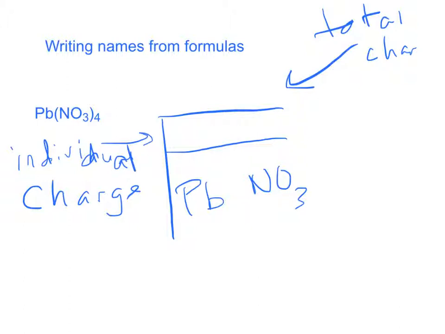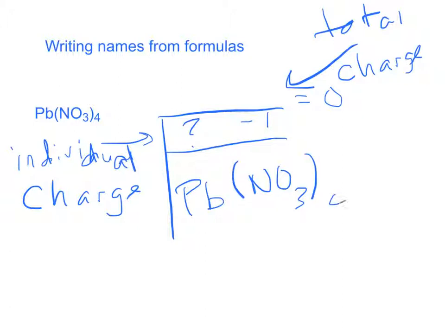Total charge. And remember, the total charge has to equal 0. So we're not quite sure about the charge on the lead ion. But again, like I said, the polyatomic ion nitrate has a charge of -1.